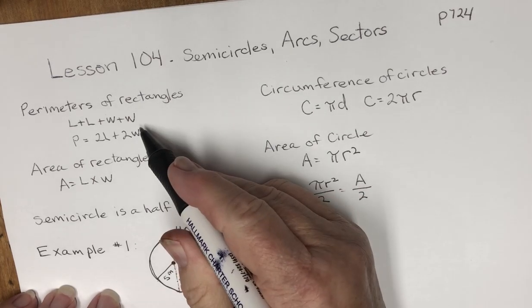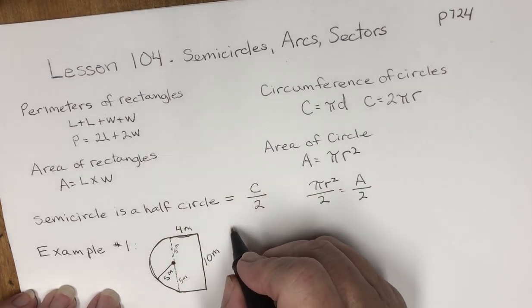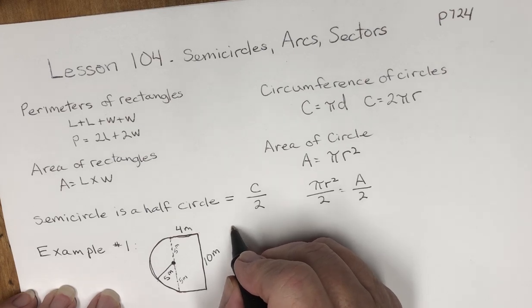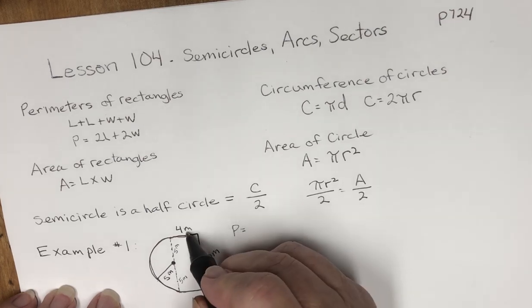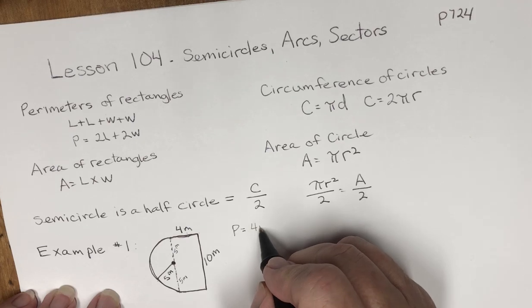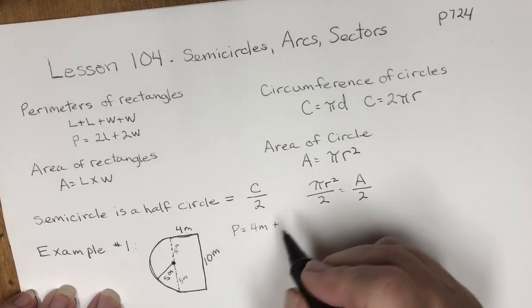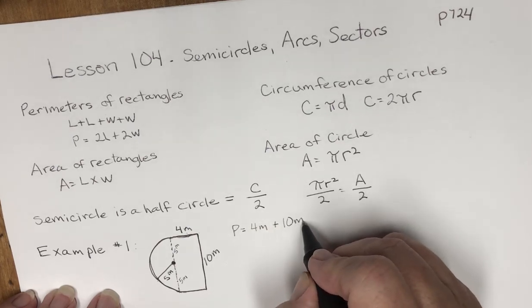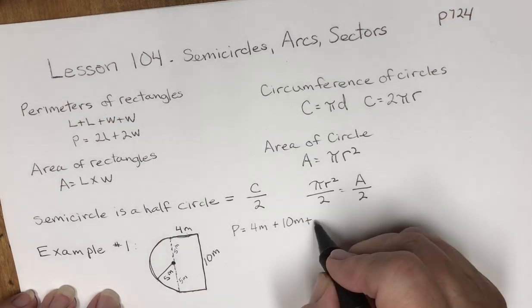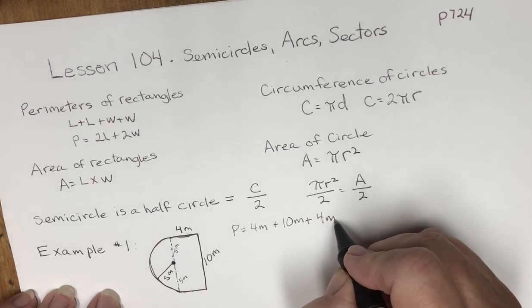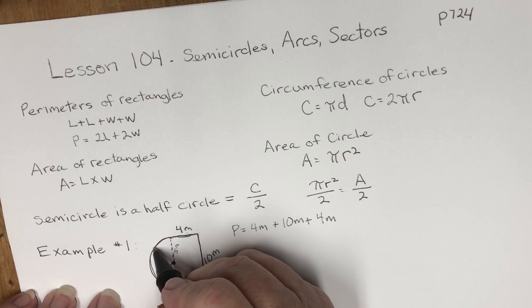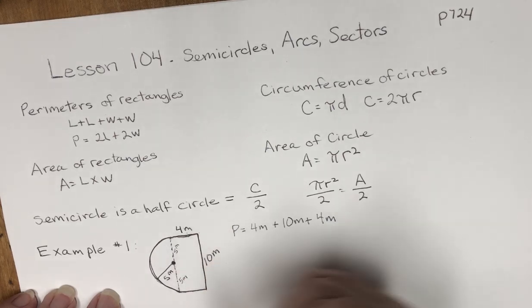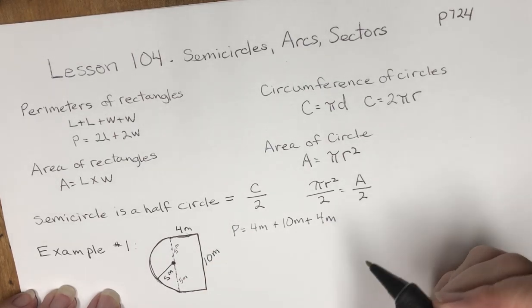So if we use our formulas from up here, they ask us for the perimeter of the figure. The perimeter is going to be 4 meters plus 10 meters plus 4 meters plus the circumference of this part of the circle. So we have to figure that one out.